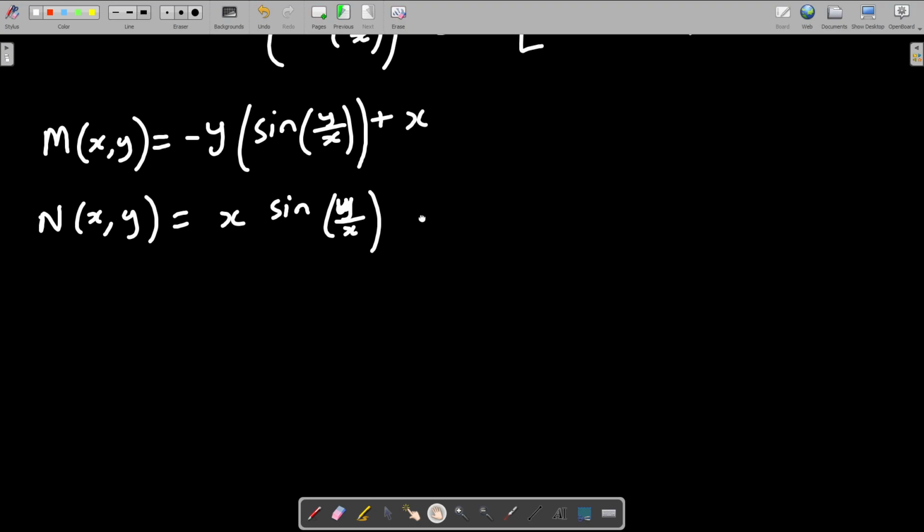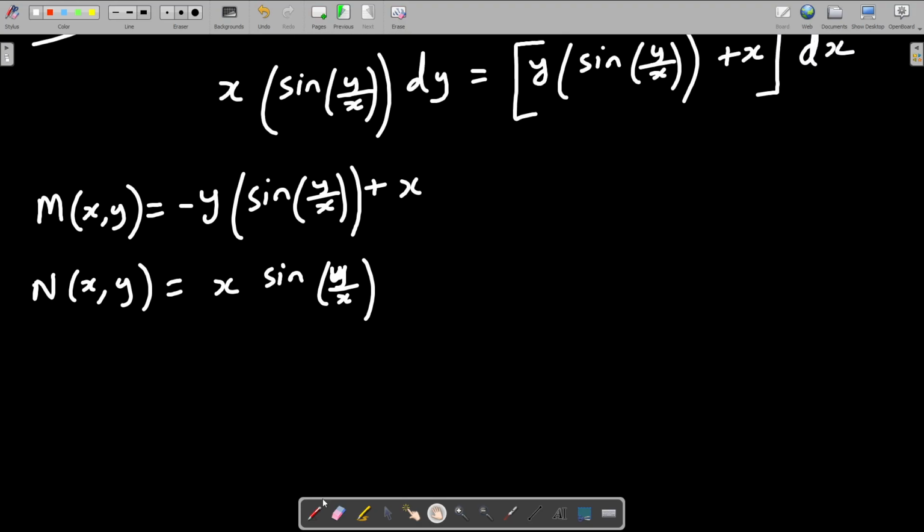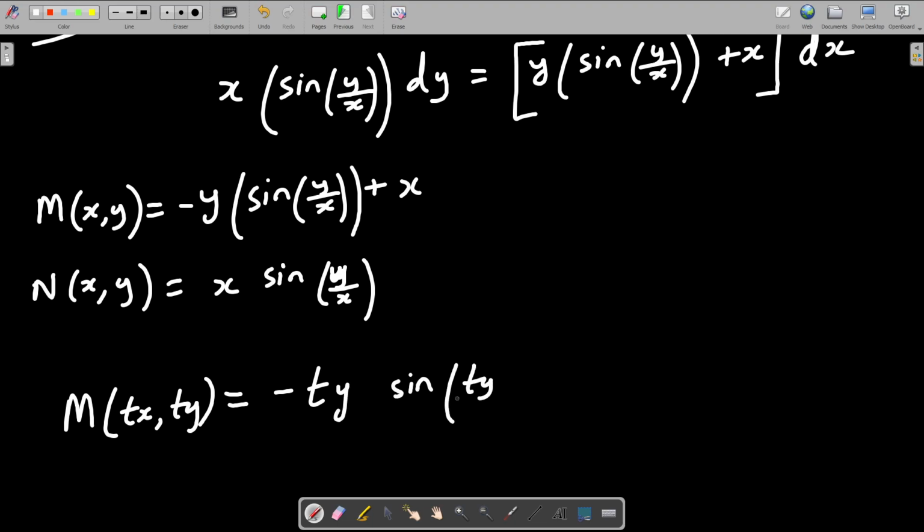So I want to verify whether these functions are homogeneous or not. What is going to be M of tx, ty? It's going to become minus ty sine of ty upon tx, plus tx.